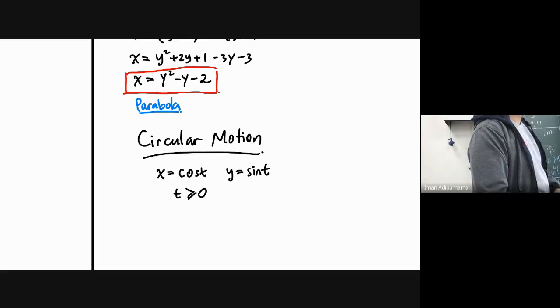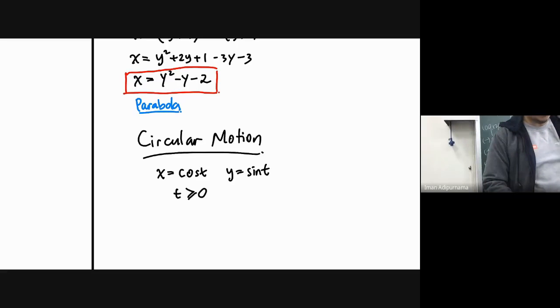Of course, the first way is just plotting the t into x and y and looking at every t you can find. And because it's cos or sine, it will be circling.